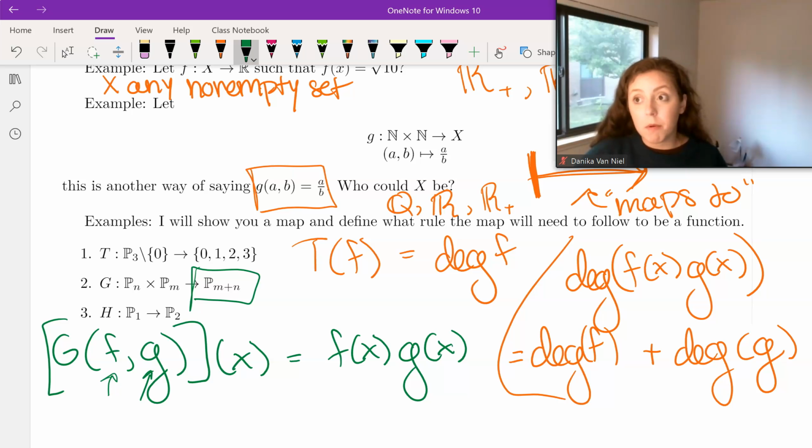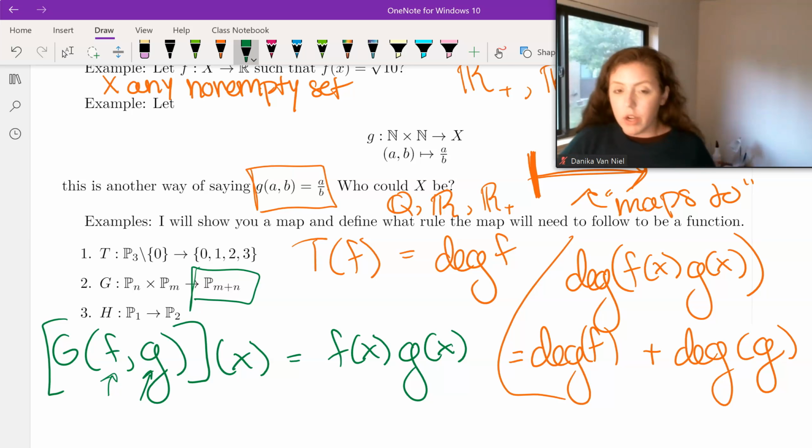So the maximum degree you can have by multiplying them together is going to be n plus m. If f does have degree n and g does have degree m, you multiply them together to get degree n plus m. And if you have lower than that, you're still lower than that, right? And 0 still all works out fine. So I hope this makes sense.